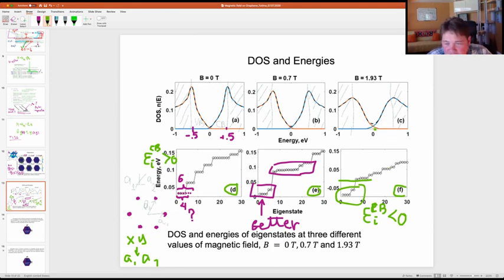So having a few states from the conduction band dropping below 0, the Fermi energy, would probably correspond to several states from the valence band penetrating into the conduction band.